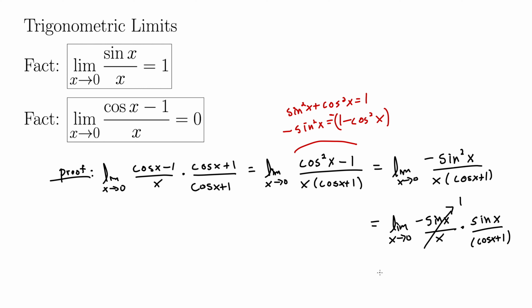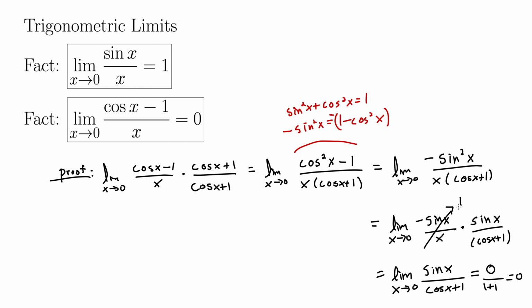If we evaluate the second limit, what we're left with is the limit as x goes to 0 of sine x over cos x plus 1. Plugging that in, we just get 0 over 1 plus 1, which is 0.